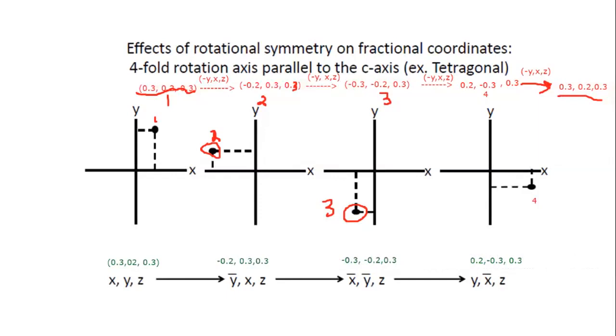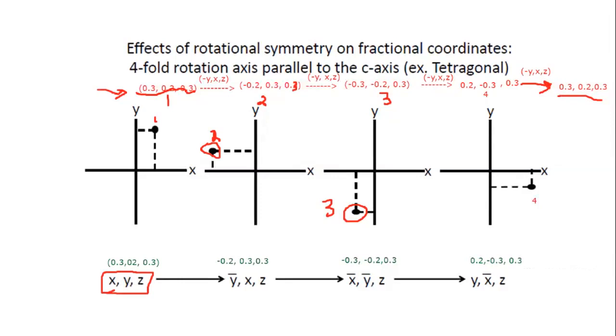So if you're doing the operation one at a time, then you always use the previous set of coordinates. So if you were doing a fourfold rotation and you just want to do negative y, x, z each time, you would do it the top way. If you already had all the operators and you just want to do the coordinates, well, what's on the bottom, you have to start with your original set of coordinates each time. So to get the second set of coordinates, you would just take the negative y of your original coordinates, make that x, and then x becomes the new y.